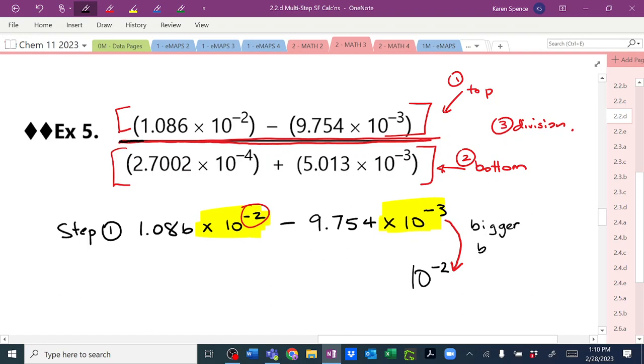It got bigger, by 1 power of 10, 10 to the 1. That means this first part of the number has to get smaller by 10 to the 1. So we're going to move our decimal place 1 place to make the number smaller. So we now have 0.9754 times 10 to the minus 2.